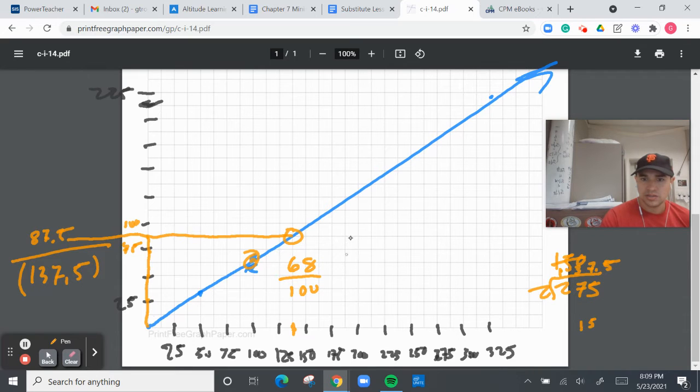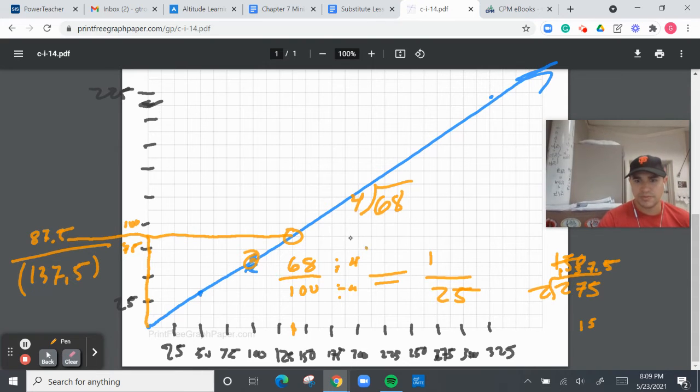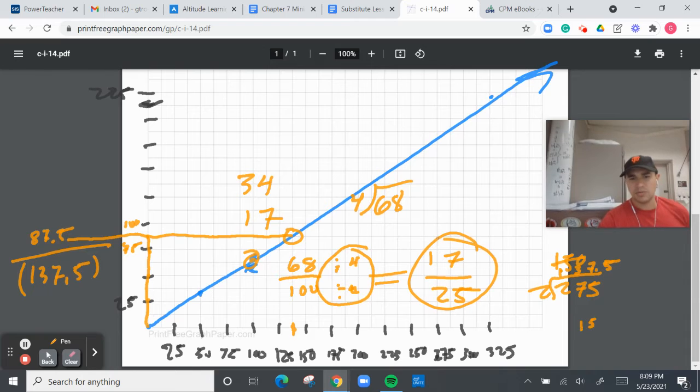Let's divide that by 4. 68 divided by 4 is 17, and 100 divided by 4 is 25. The reason why I'm dividing by 4 here is just because I know that this is divided by 2 easily. So 68 divided by 2 is 34, and divided by 2 again would be 17. So 17 divided by 25, that would be my slope or my growth.